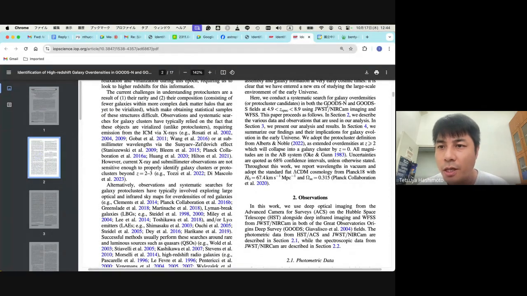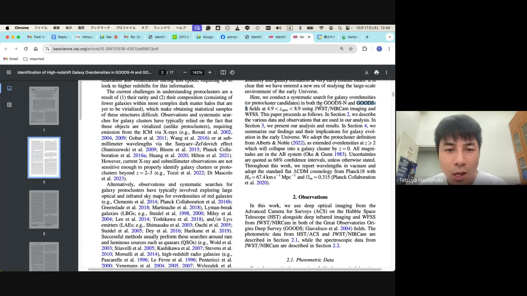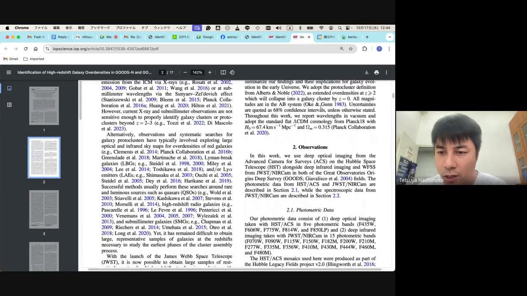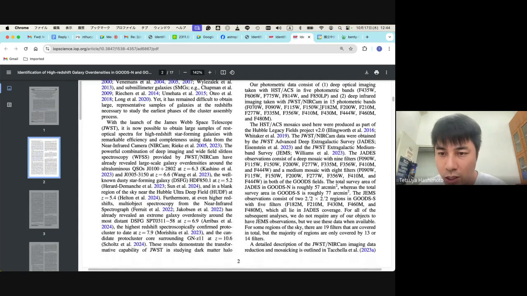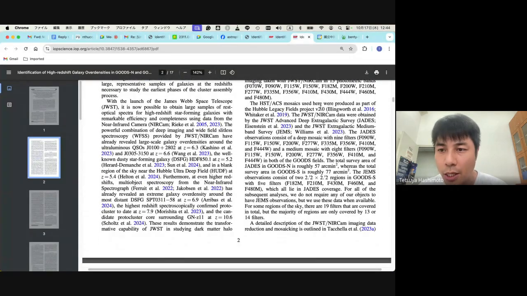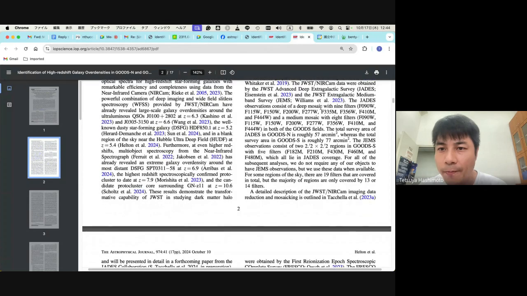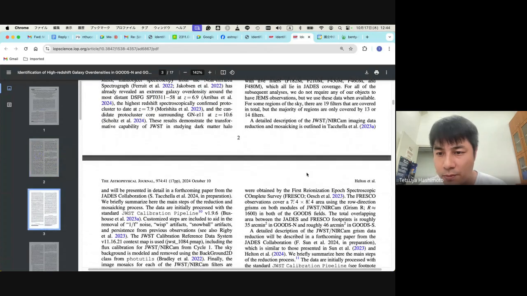As I mentioned, yes, they use JWST data in the GOODS-North and GOODS-South fields. These basically provide photometric data. And they also try to combine slitless spectroscopic data in these two fields. That is FRESCO.